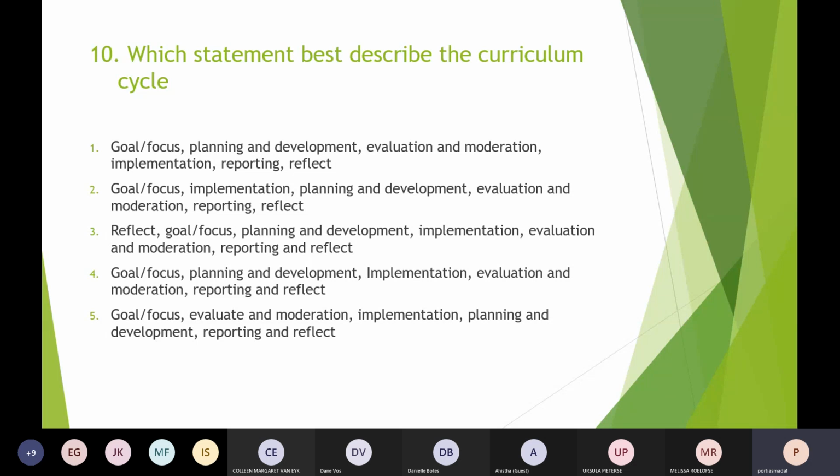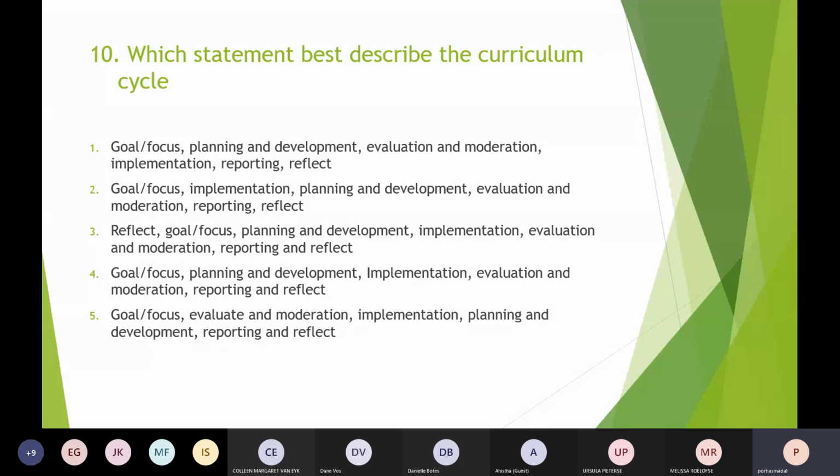Or is it number 3, where you first reflect, then you determine your goal for the curriculum, you plan and develop it, you implement the curriculum, you evaluate and moderate it, you report on it and reflect?